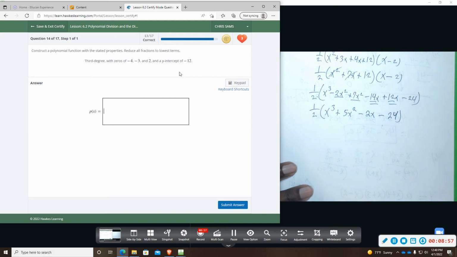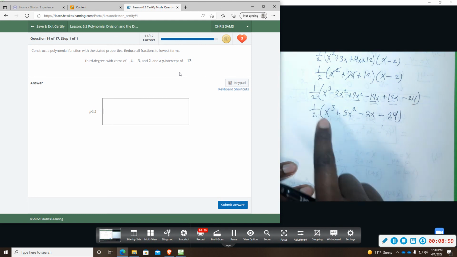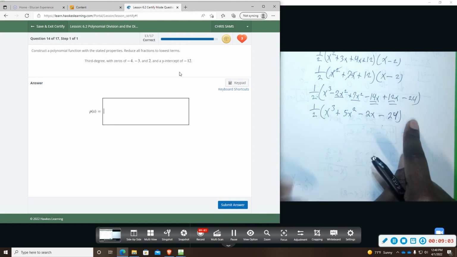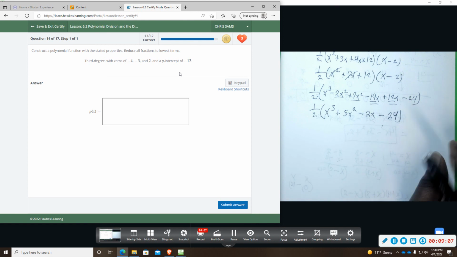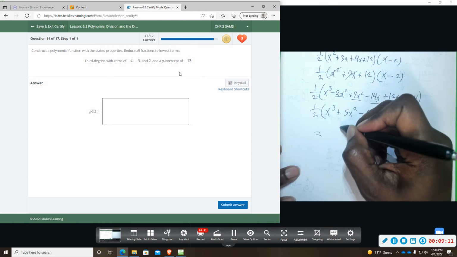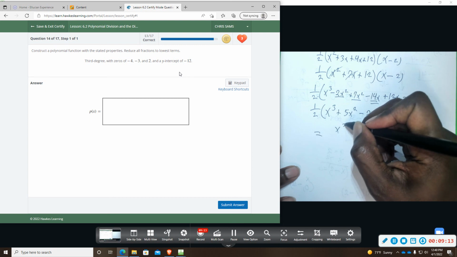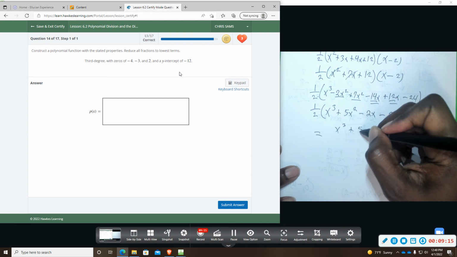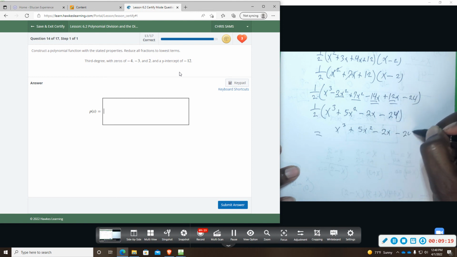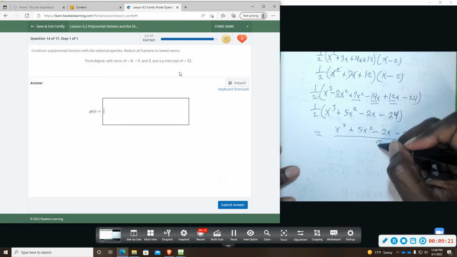And then the last thing we would do is distribute a half amongst this, so I can just put all of this over 2. I think that'll be fine instead of having to write all of these over 1/2. It's just extra writing. So we're going to write x cubed plus 5x squared minus 2x minus 24, all divided by 2.